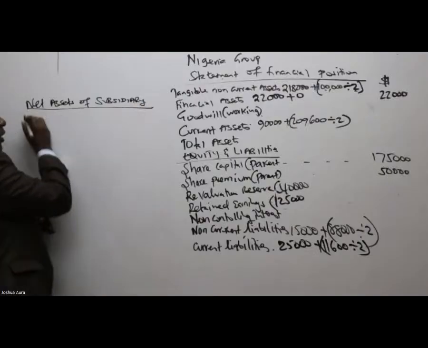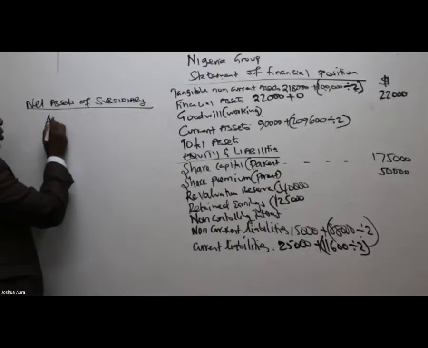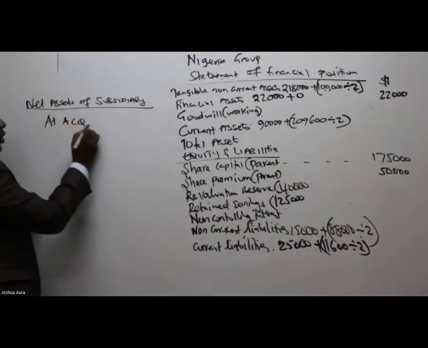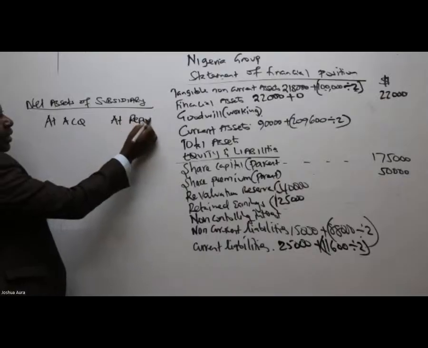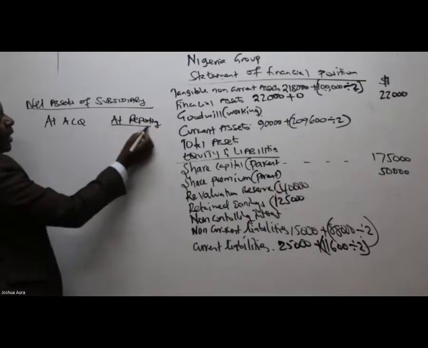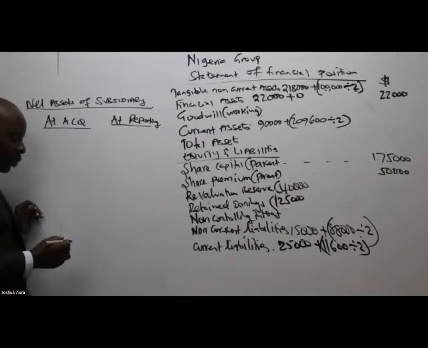Remember, we have to give net assets at acquisition and at reporting, two of them. At acquisition and at what year? At reporting. Could you be kind enough and give me examples of net assets?